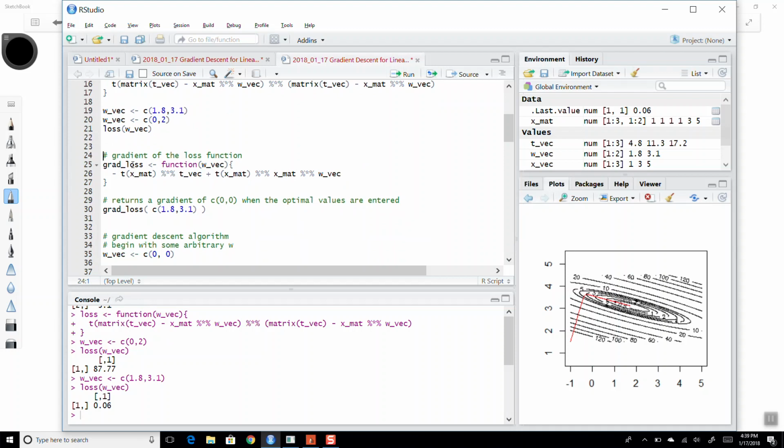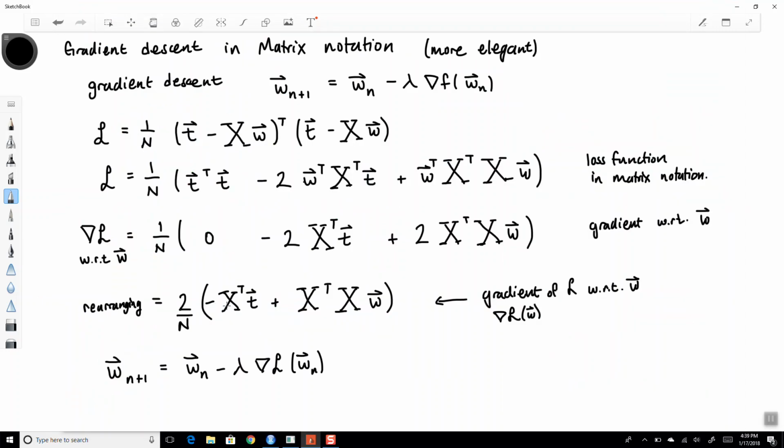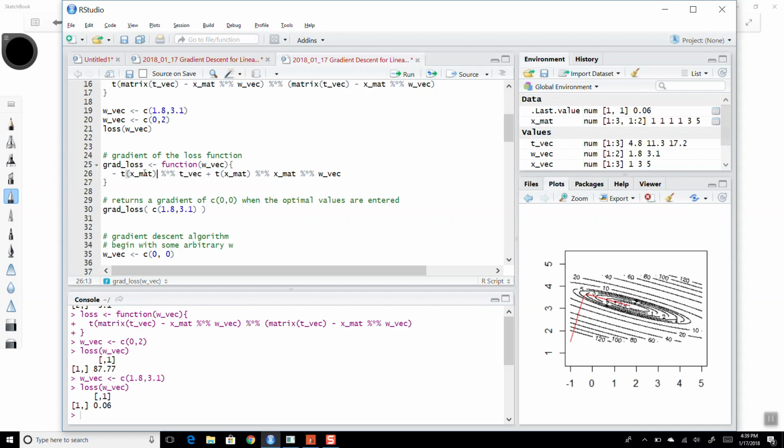Then the gradient of the loss function is just exactly this: negative x transpose t plus x transpose xw. So I've got negative x transpose t plus x transpose xw.